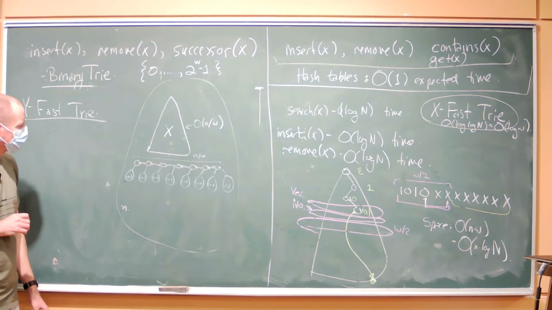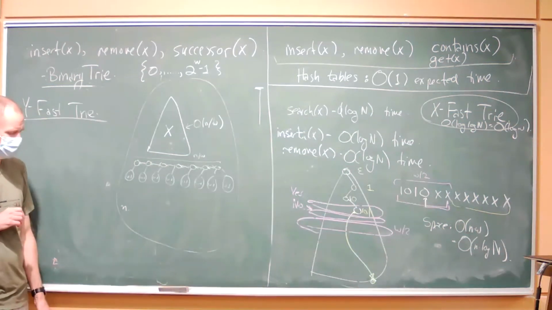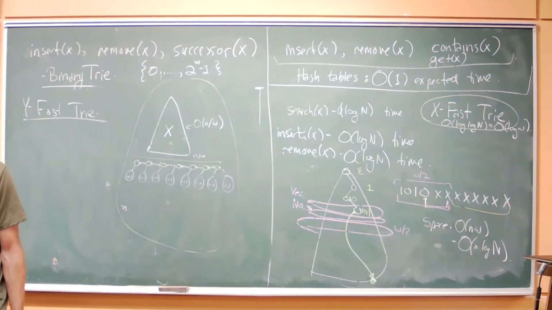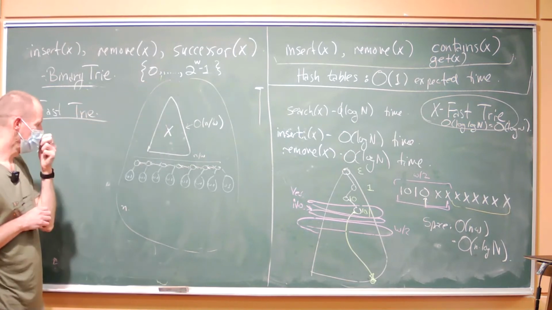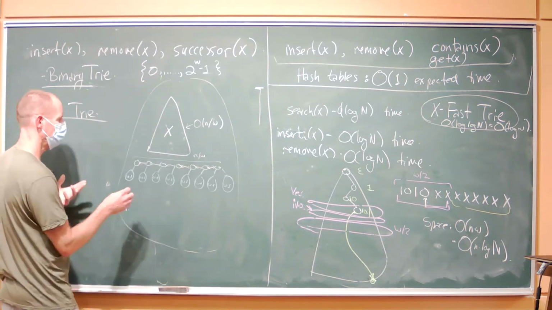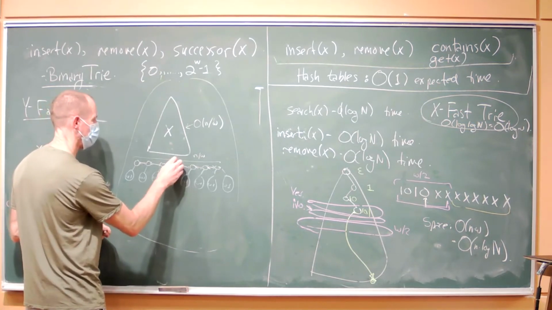So is this going to be good enough? Is this going to work? Well, let's say I come searching for some value x. So I go looking in my XFAST try, and it says, okay, well, successor of x is here.